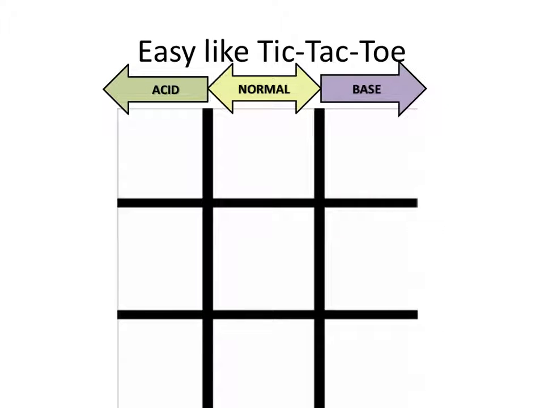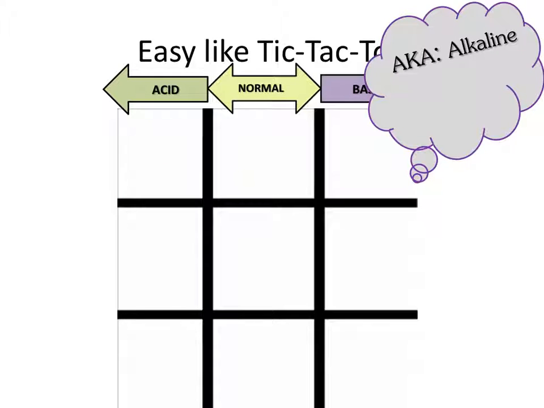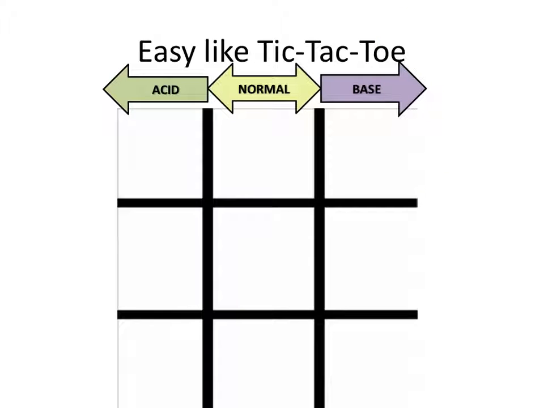So anything that is less than 7.35 is acid, and the base over here is 7.45 on that side and higher, and lower over there. So your base, remember, that just means you're alkaline.